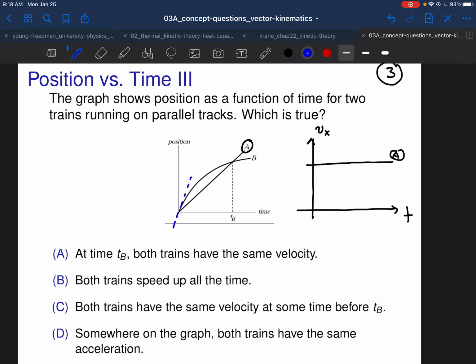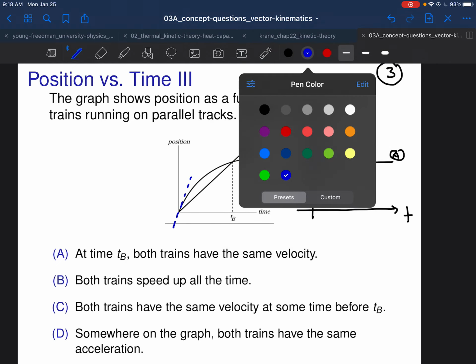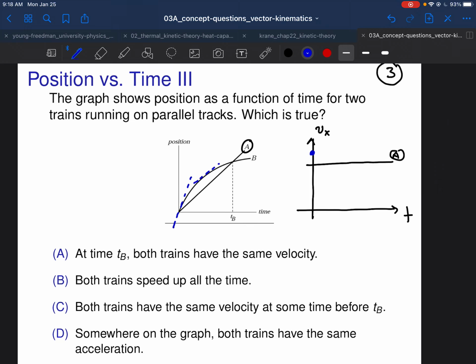Well, B, initially, it has some slope, and that slope, you notice, is larger than the slope of A. So initially, B is going to have some value of velocity which is larger than the velocity of A. And then at some moment, it looks like the slope matches that of A. And that happens somewhere like in the middle time.